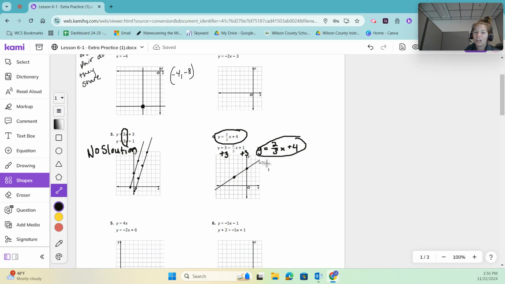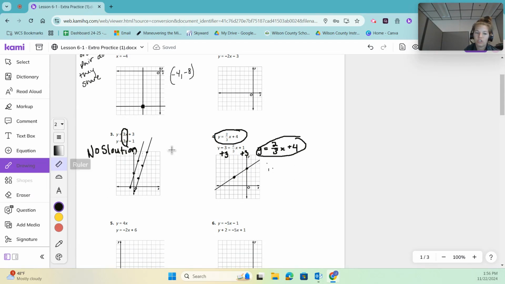So this is called infinite solutions. And that means I can pick 0 for my x, which means my y is going to be 4 for both equations. So I have y equals 2/3 times 0 plus 4.